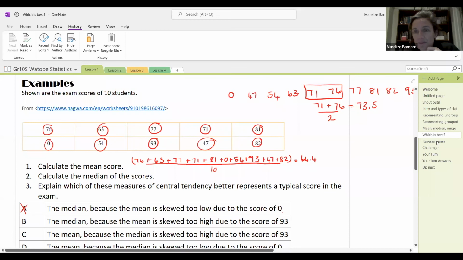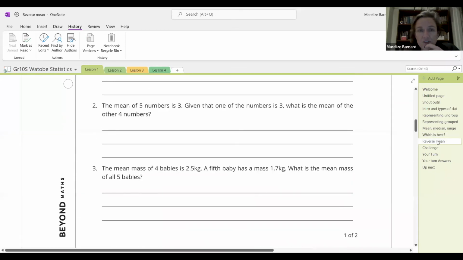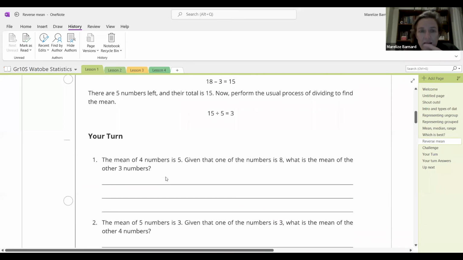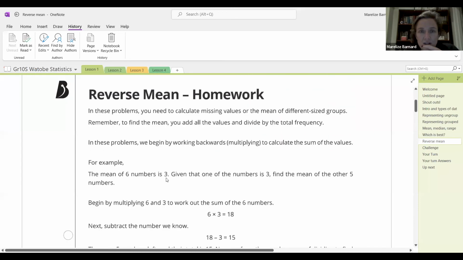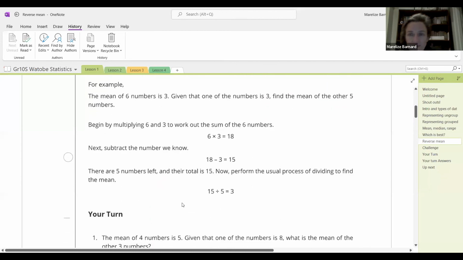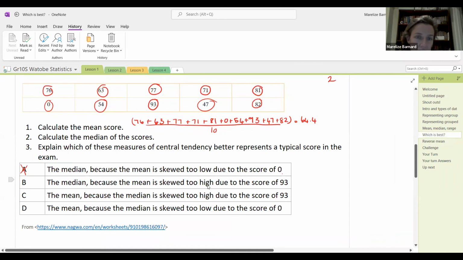Okay. Right, let's move on to something a little bit more, it's going to make us think a little bit. Oh, someone is still asking why not B? The median, because the mean is skewed too high due to the score of 93. Because the 93 is not a problem. It's not that high.